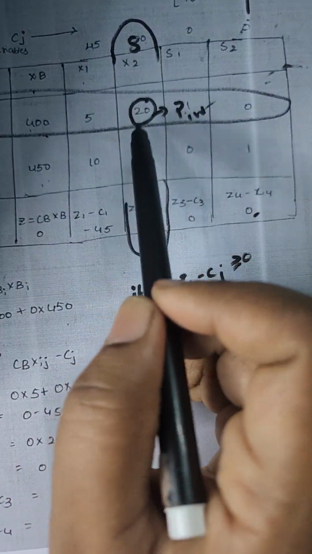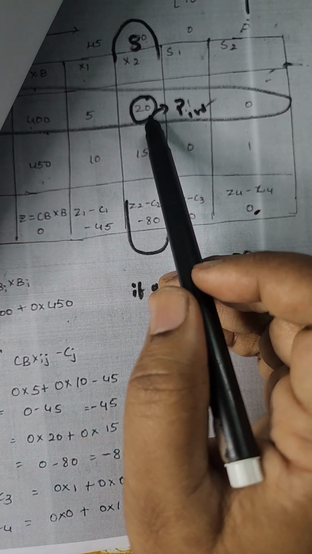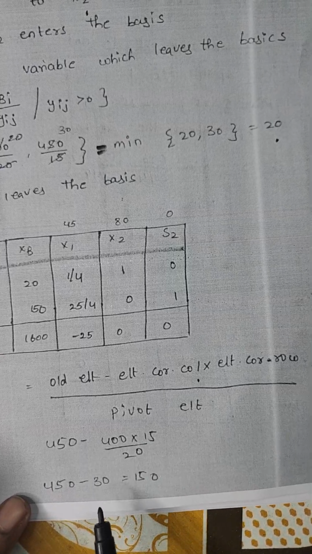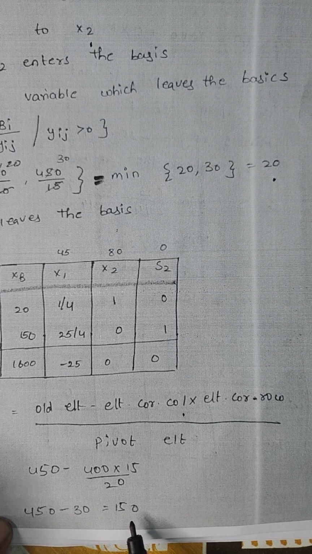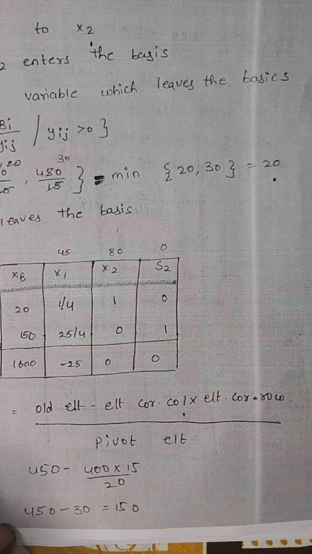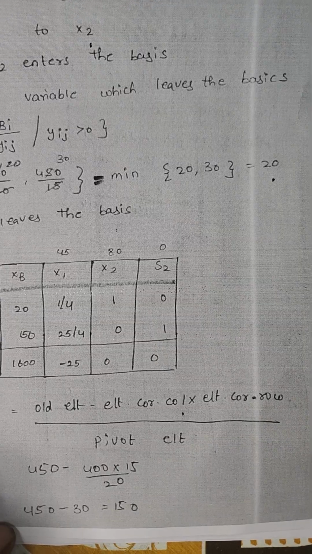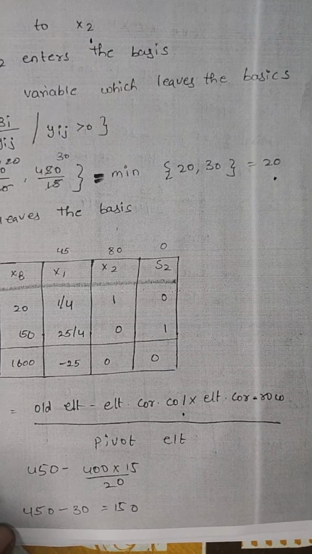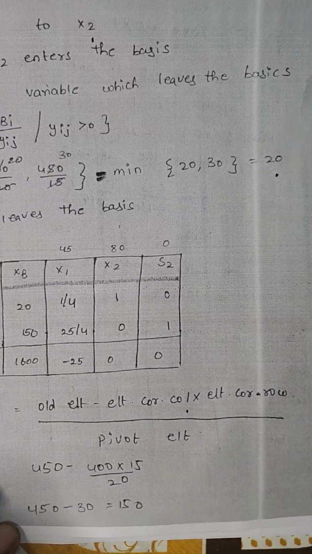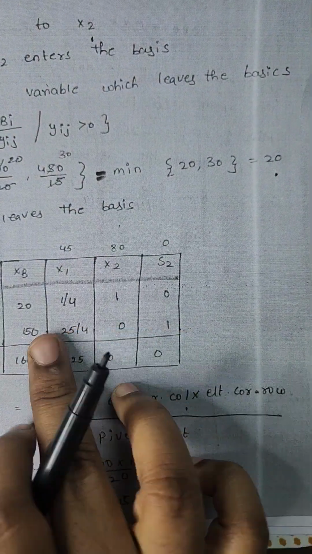This is the pivot element, so 400 into 15 by pivot element, which is 20. So this is 450 minus 300, which is equal to 150. So here the new element is 150. Likewise we will find all the new elements.